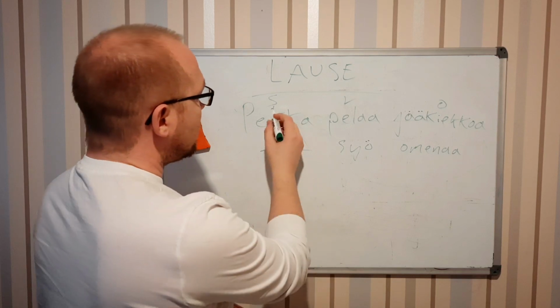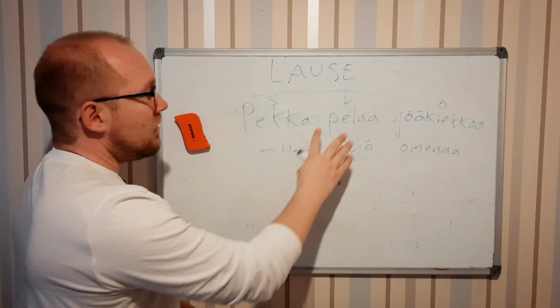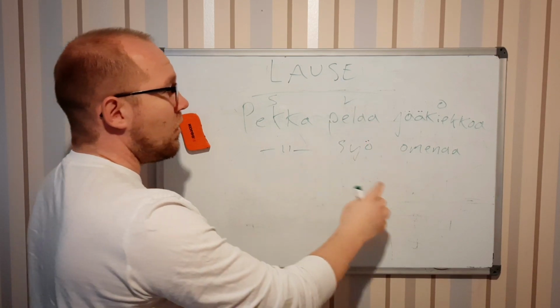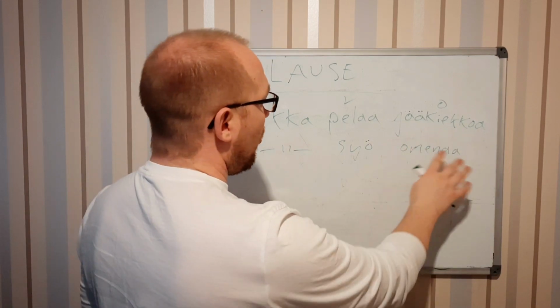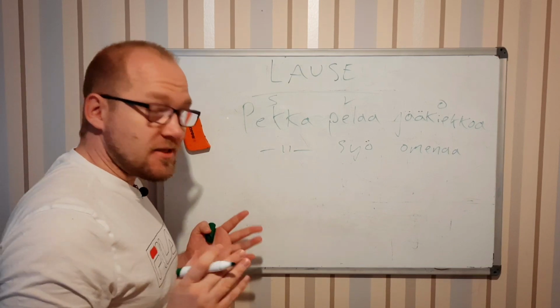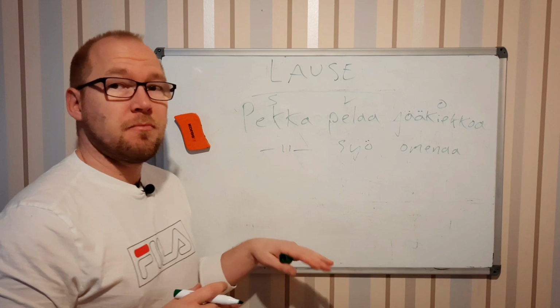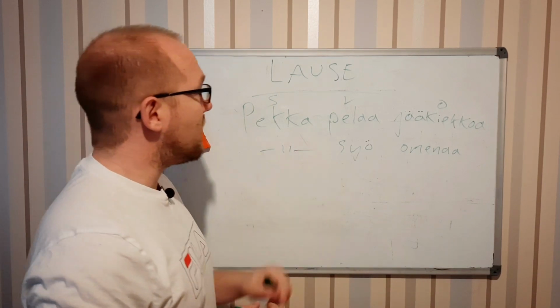So basics: subject, who, Pekka, verb, what's happening, pelaa, syö, and what's the object, jääkiekkoa, omena. Okay, so we have basic sentences, right? And we know something about sentences, and we know something about verbs and things like that.